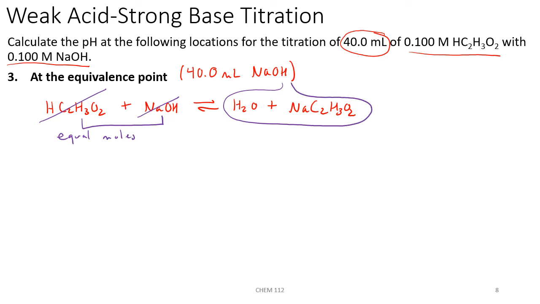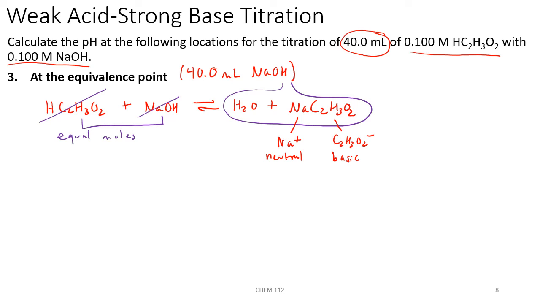So we have to decide what type of a salt sodium acetate is. Sodium acetate is composed of sodium cation and the acetate anion. And we previously learned that the sodium ion is neutral and it will not undergo hydrolysis, whereas the acetate anion is a weak base itself and it's going to undergo base hydrolysis. It'll be basic.